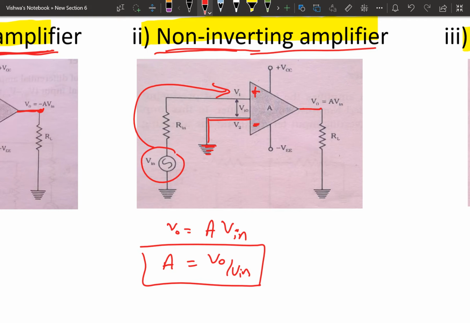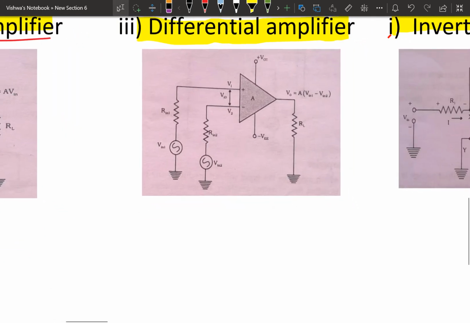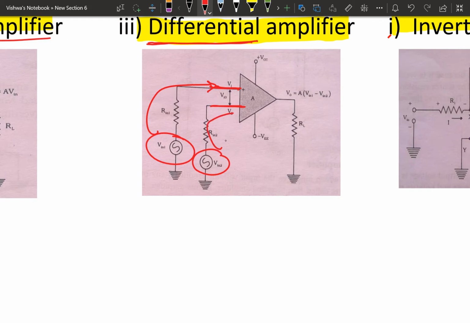Next, another kind of configuration is the open loop differential amplifier. In the differential amplifier, we provide input to both terminals, inverting and non-inverting. V in 1 is for the non-inverting terminal, and V in 2 for the inverting terminal. These two voltages are provided to the input terminals of the op-amp. Then we get the output.